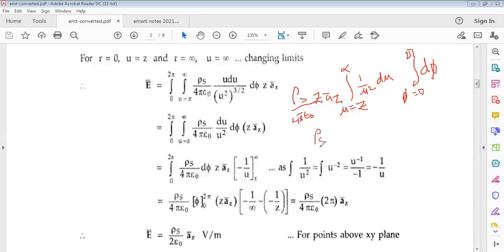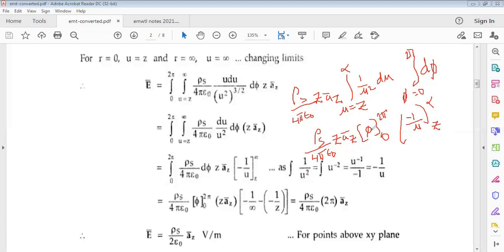So we have rho s by 4 pi epsilon naught Z into az bar, the integral of phi gives phi from 0 to 2 pi, and 1 by mu square gives minus 1 by mu with upper limit infinity and lower limit Z.